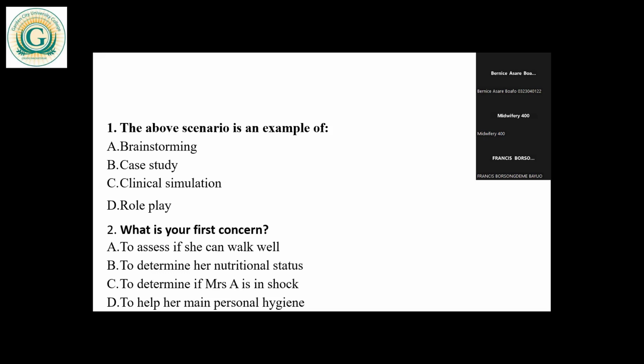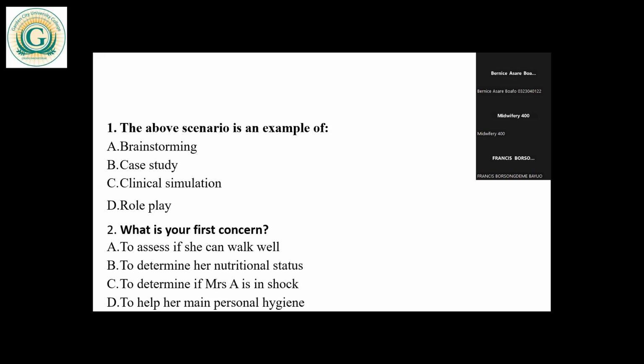But using the principle of utilitarianism, which of these will be most useful and most beneficial to the patient as early as possible? So if you want to go by that principle, then C is the right answer, because that is the most useful action to be taken first based on the scenario that we are all presented with.